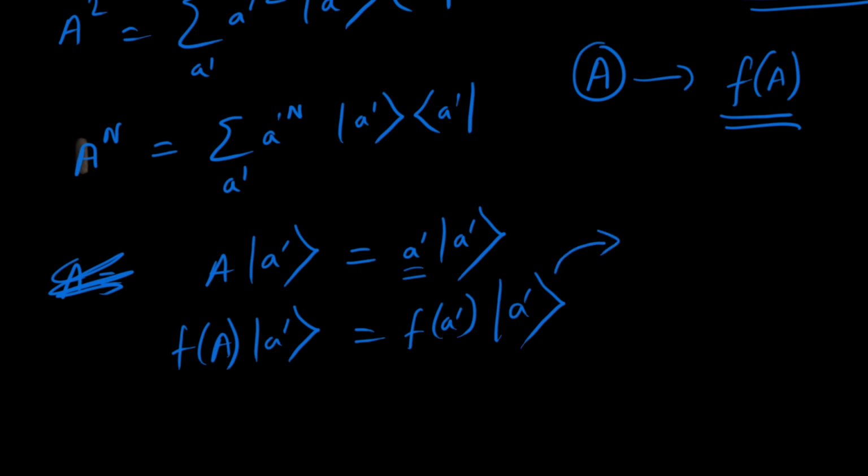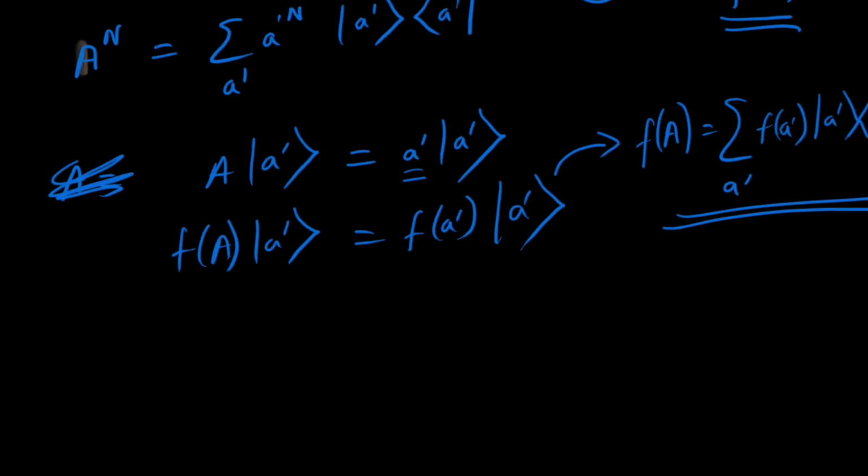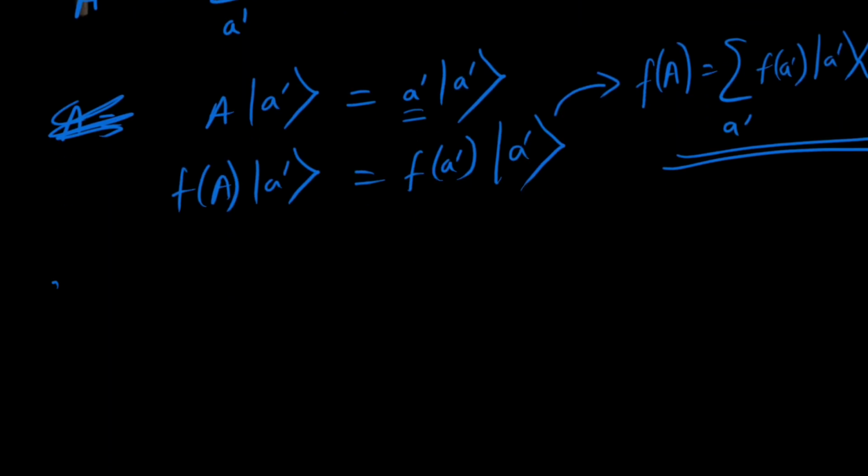So then we can say that the operator f of A should look like the sum of f of A prime, the ket of A prime and the bra of A prime. It should look something like this. So how would the operator function of A to the power n look like?